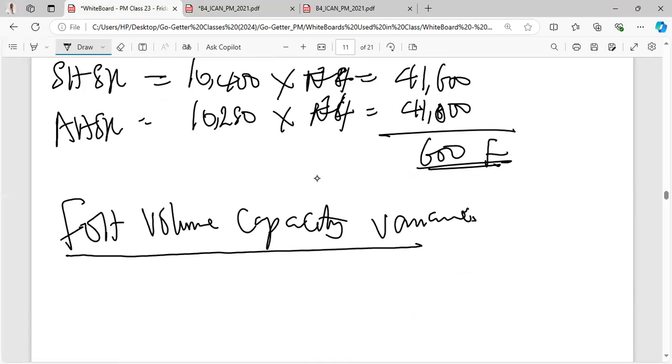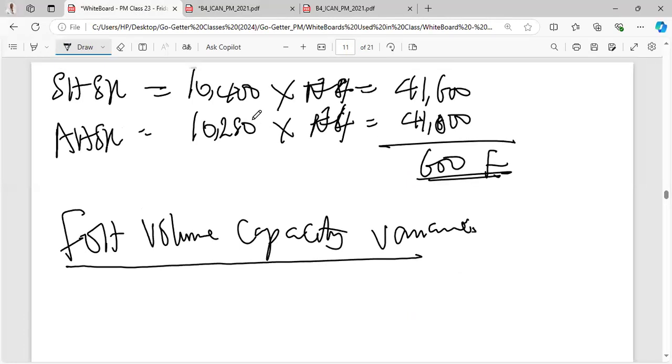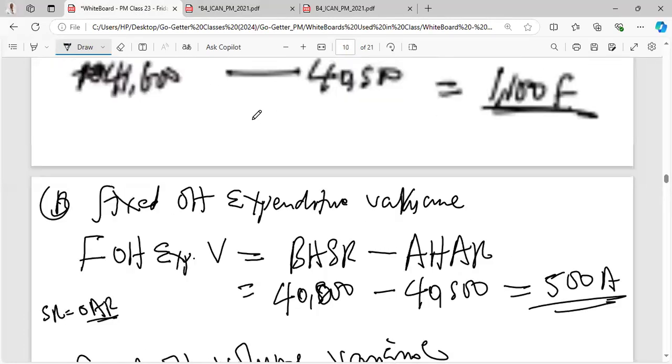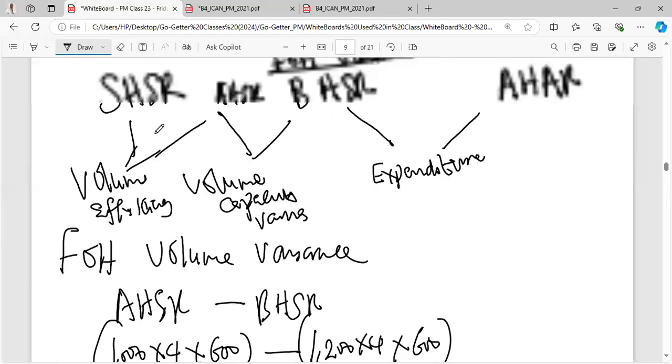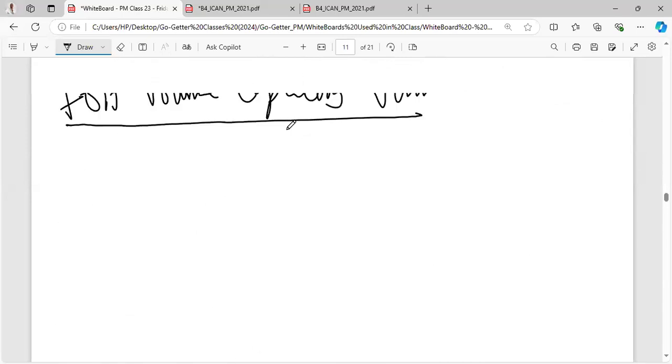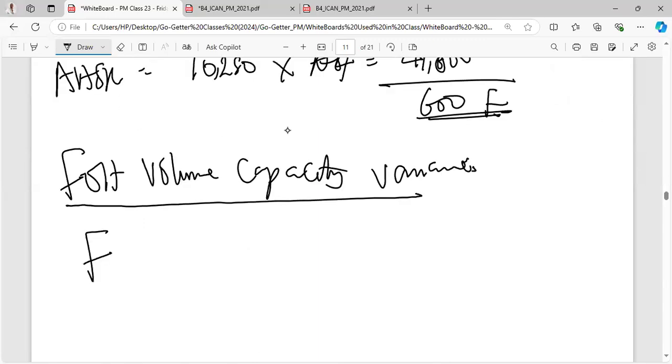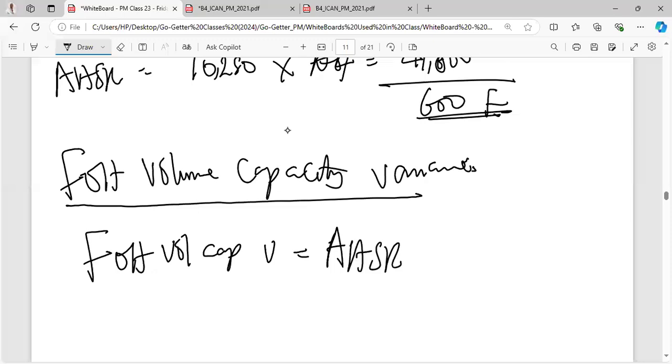How did we derive it the other time? Actual and budgeted. So this is fixed overhead volume capacity variance: actual hours, standard rate minus budgeted hours, standard rate.